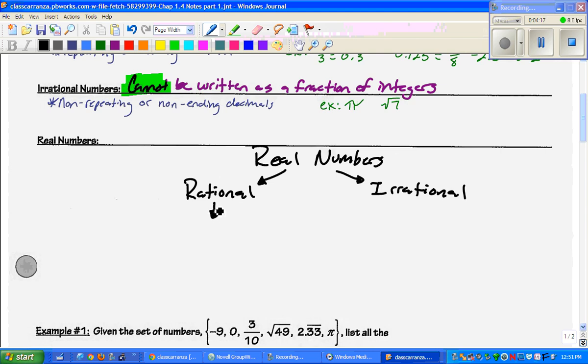Now, a rational number could also be considered an integer. Integers could also be considered whole numbers, and whole numbers could also be considered natural numbers. Okay? And to get all those definitions, once again, just click on the answer key so you can write them all down.